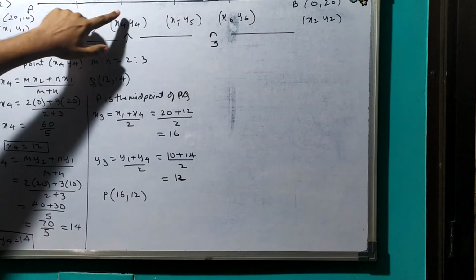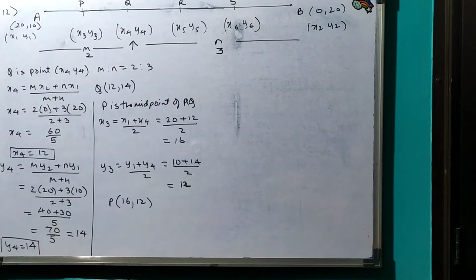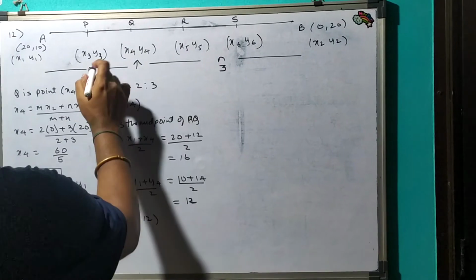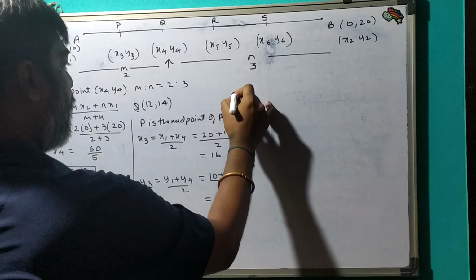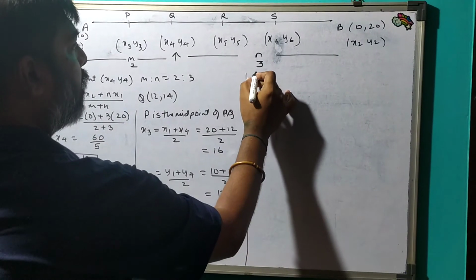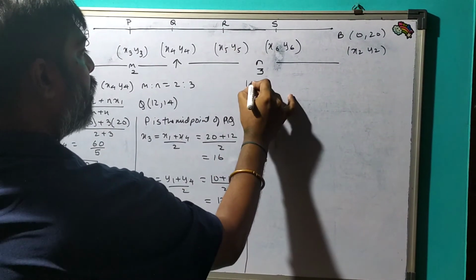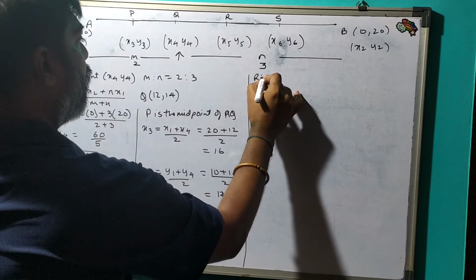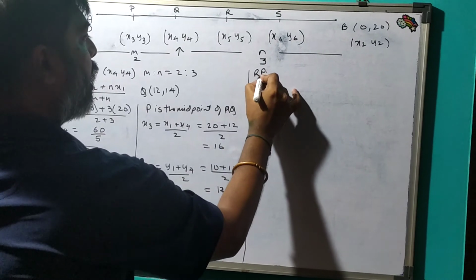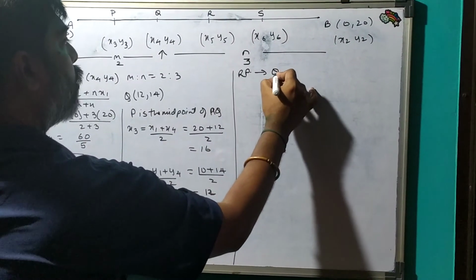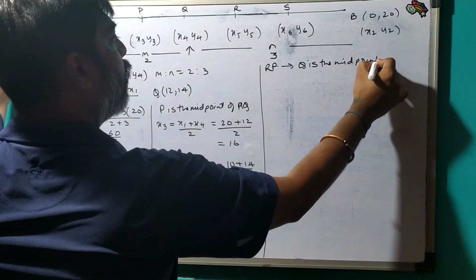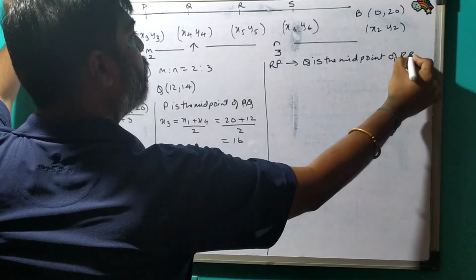Now I have got P and Q. Now R can also be found in the same way. Since they are all equal, I can write the same step over here. Q is the midpoint of PR.